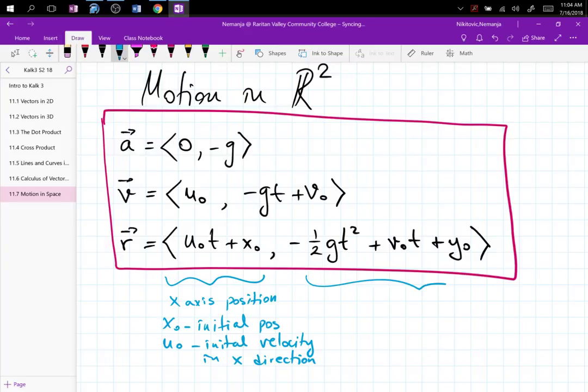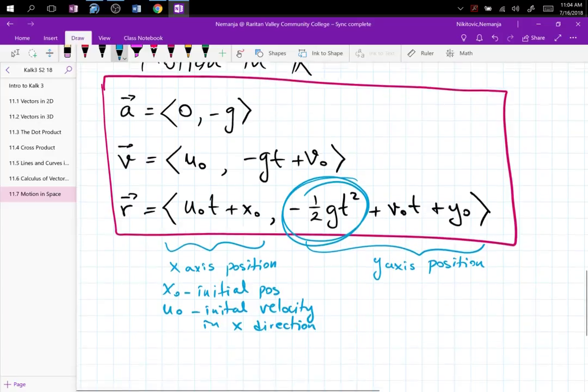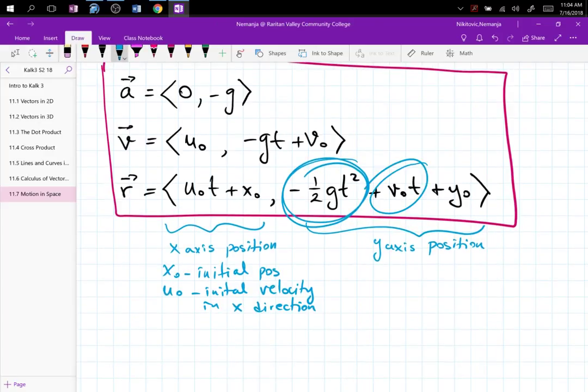On the other side, this one over here is the y-axis position, so in the y direction, and you have the gravity term, which is the one that pulls everything down. You have the initial velocity, which depends on how hard you throw objects, and then you have the height from which you throw objects.